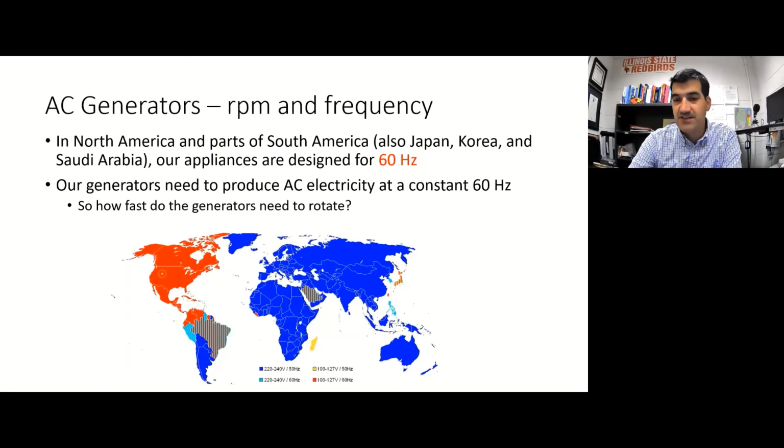But if you take something that is sensitive to frequency, like most electronics, or a motor, it is going to be affected. So take a refrigerator. Refrigerators have motors in them to run the refrigeration cycle. So take a refrigerator from North America to Europe, it's not going to run very well.